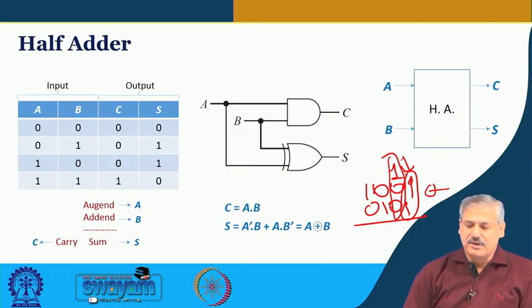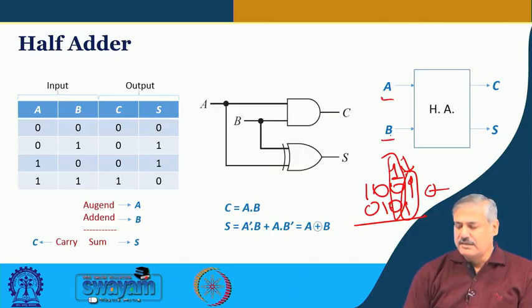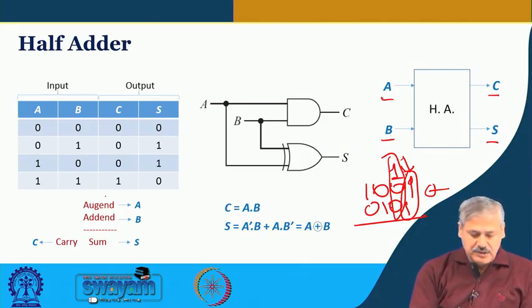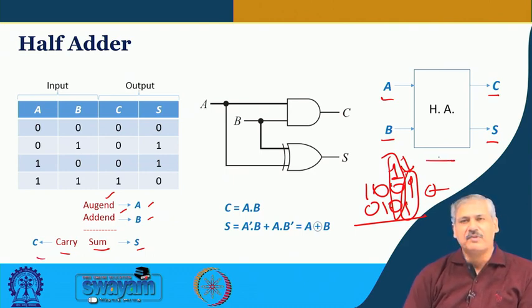So, the half adder has 2 inputs A and B, and it generates two outputs, one is sum, another is the carry. So, this is augend, this is addend, sum and carry. And we designate them by A, B, S and C, the way we have seen in this block. And what would be the corresponding truth table?